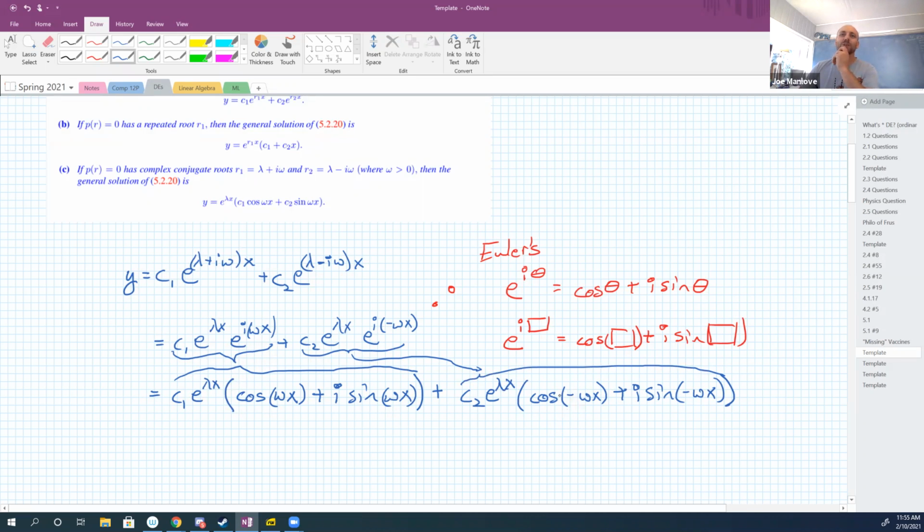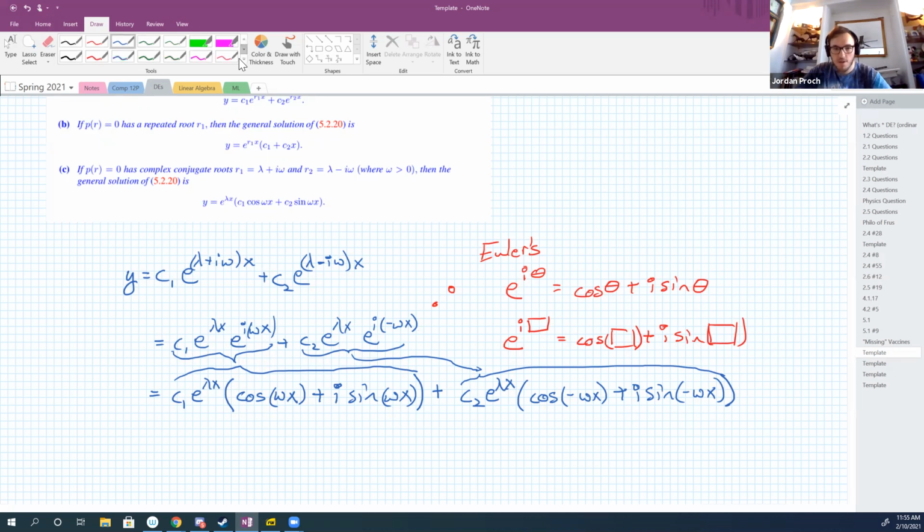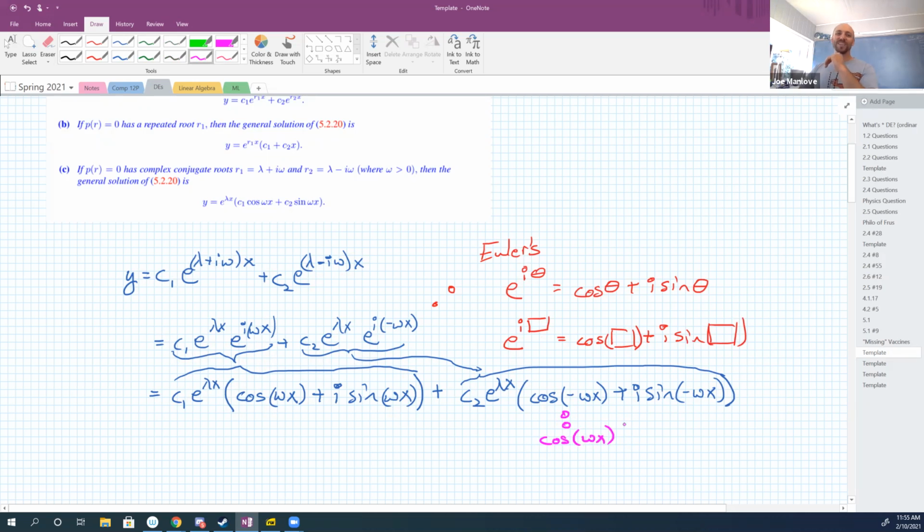Do you remember what to do with minus signs in trig functions? I believe cosine is considered an even function and sine is an odd function, meaning that cosine, if there's a negative inside the argument, it can just go away, and sine can be pulled through, essentially. Yeah, that's exactly right. Cosine is an even function, and sine is odd.